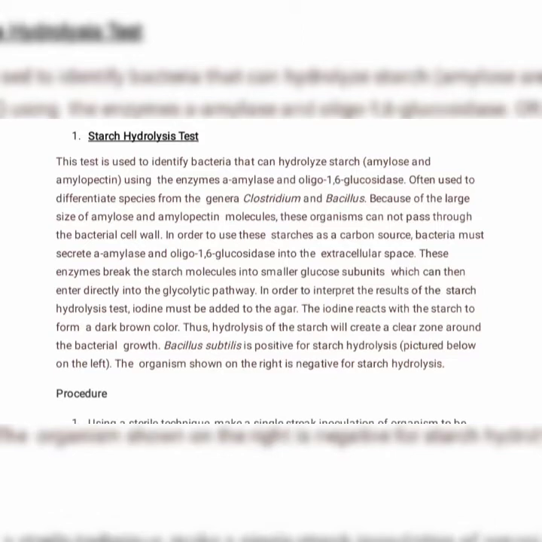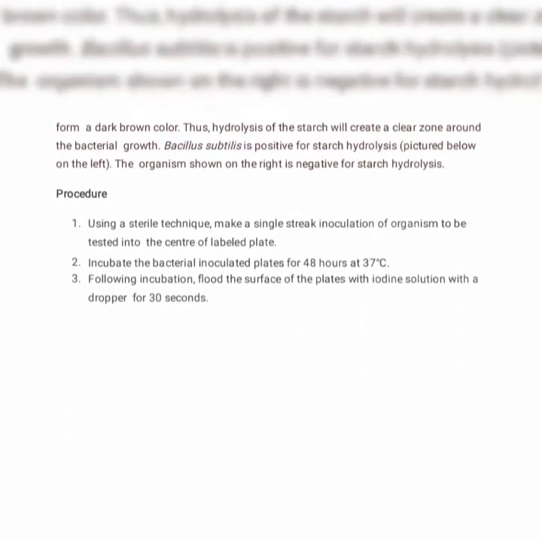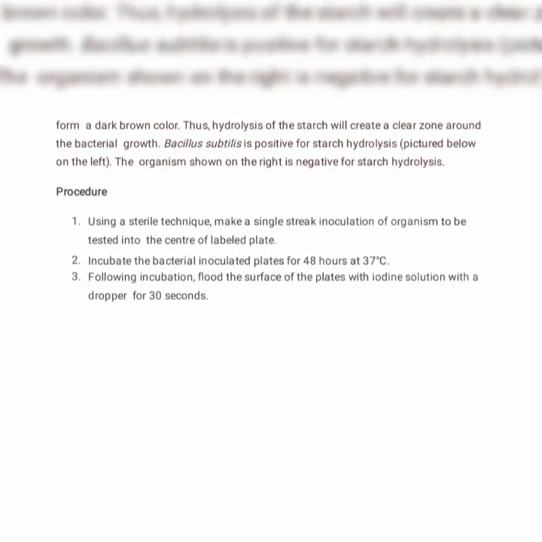So now we will discuss the procedure of the starch hydrolysis test. First of all, by using sterile technique, we have to make a single streak inoculation of the organism to be tested into the center of a labeled plate. We have to prepare a nutrient agar, and then we have to add starch as a source of carbon in that media.